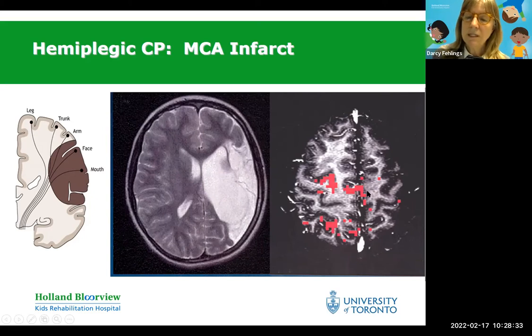So the individual in the MRI unit is doing a task where they're moving their hemiplegic hand. And this is the side of the brain that is injured. And you can see for this particular person that they have shifted the control of their hemiplegic hand from contralateral to ipsilateral.